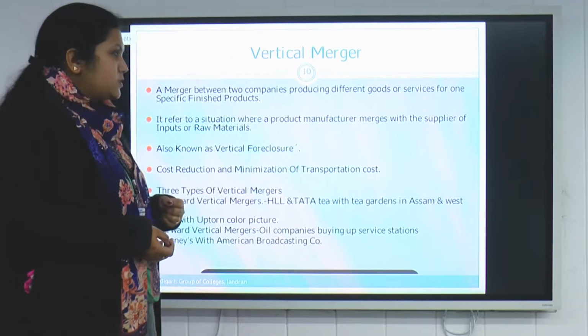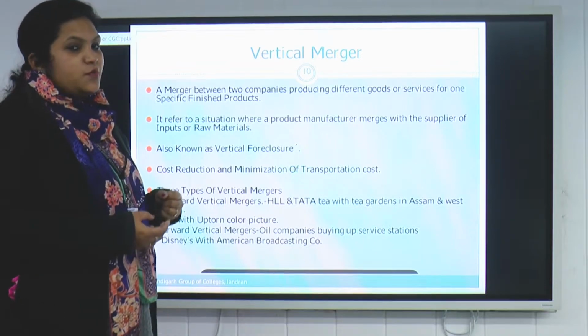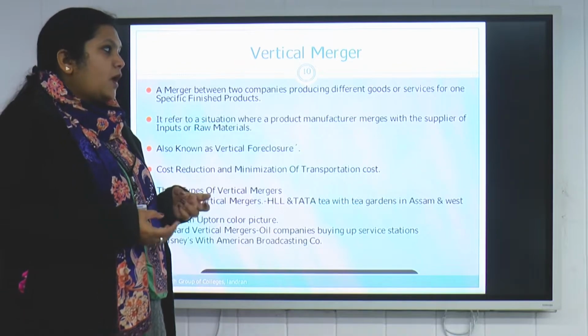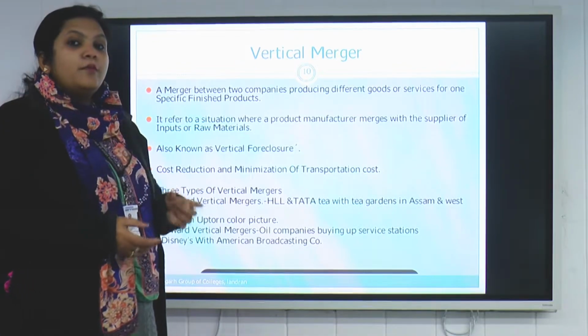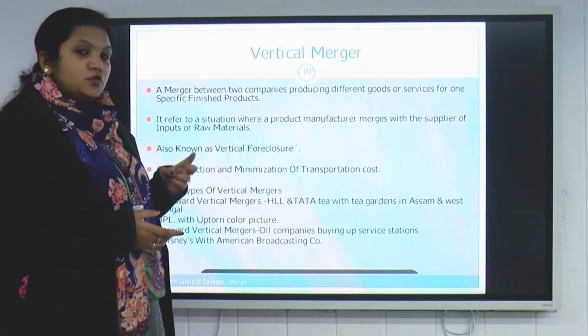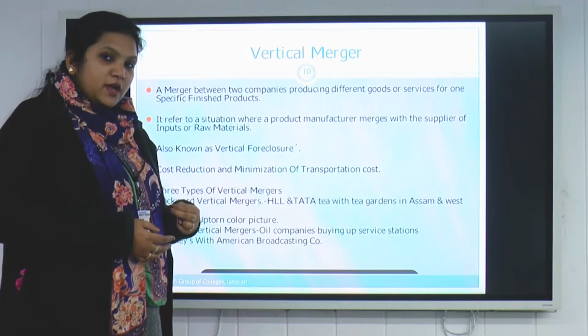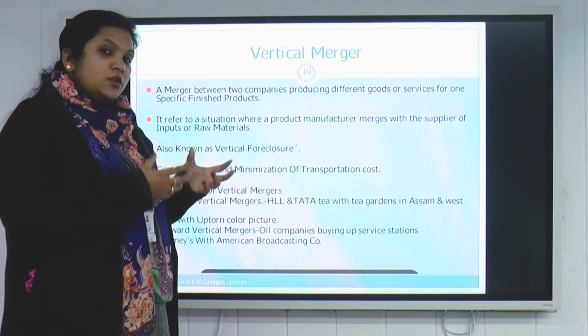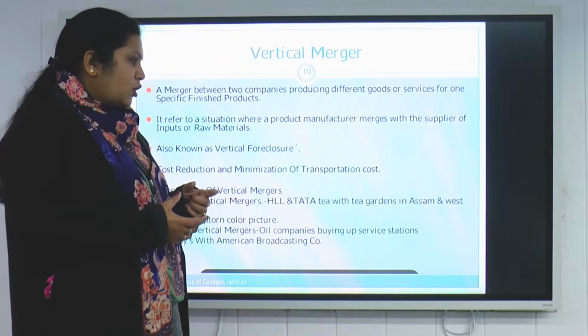Then is vertical merger. So vertical merger is whenever two companies producing different goods or services to form one specific finished product. Two companies that come together, merge together, but they are producing two components of one finished product.